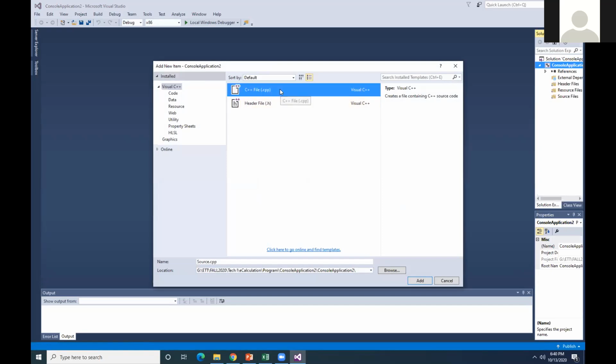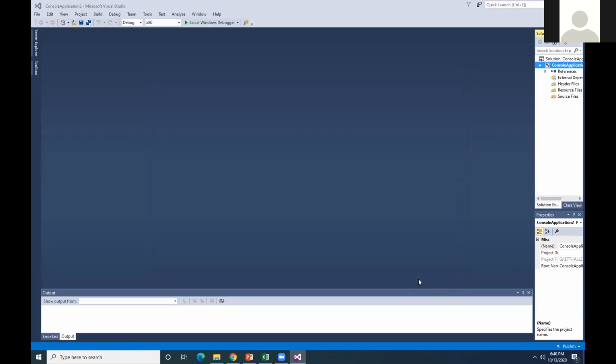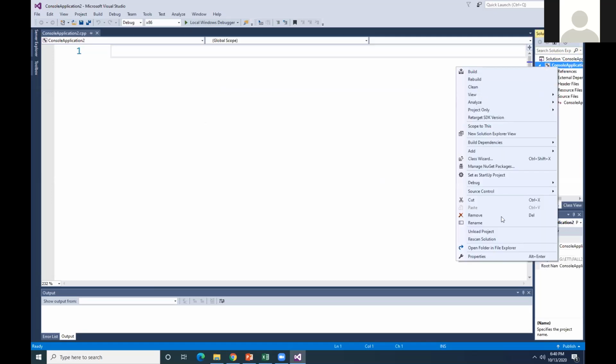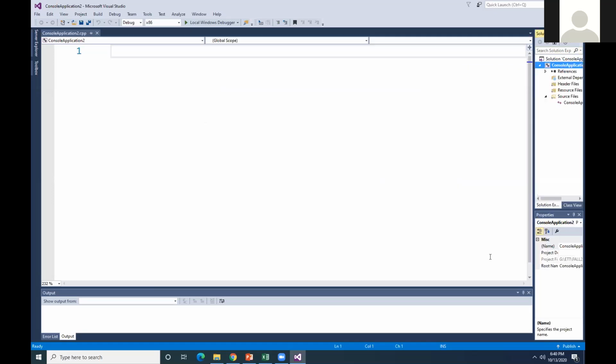And select C++ here. For the name of your project, you already copied it, so now you can paste it. And you say add. Okay, so basically now we're almost done. One more step, right click, properties.